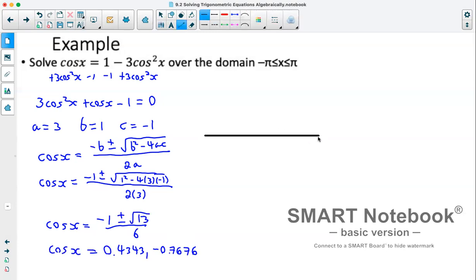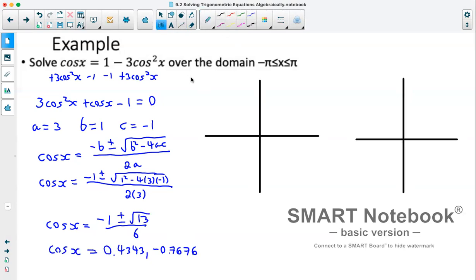Now we're going to draw out a couple of coordinate grids because we have essentially one situation in which cos is positive and one in which it's negative. So for cos is equal to 0.4343, from the CAST rule, we know that cos is going to be positive here and here. So now we need to get a reference angle. To do that, we need to make sure we're in radian mode because our domain is in radians.